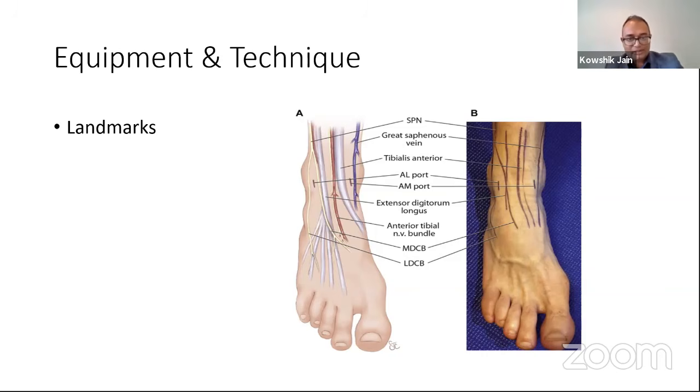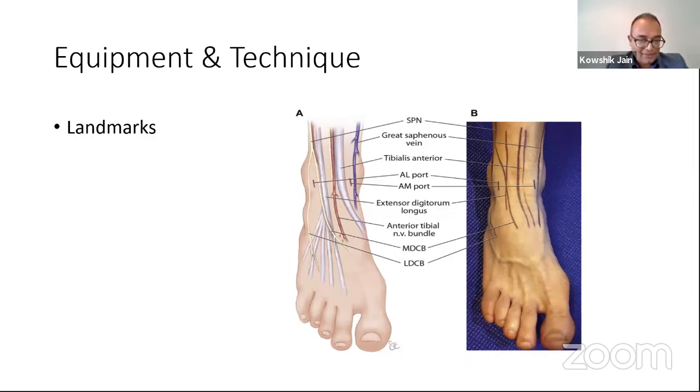You have to be mindful that the great saphenous vein and the saphenous nerve are not far from this. When you palpate the tibialis anterior tendon and move the ankle dorsally and plantarwards, when you move it dorsally you will see a soft spot just medial to the tibialis anterior tendon, and that's where your anteromedial portal is located. You mark that with a marker pen before ankle distraction is applied.